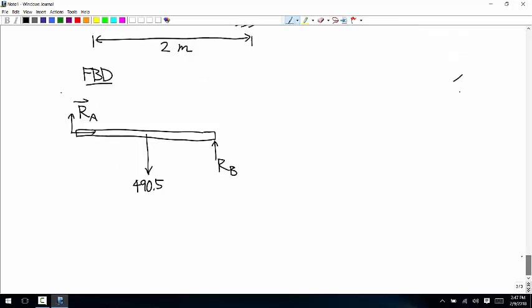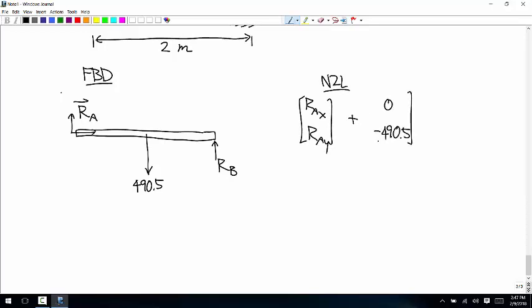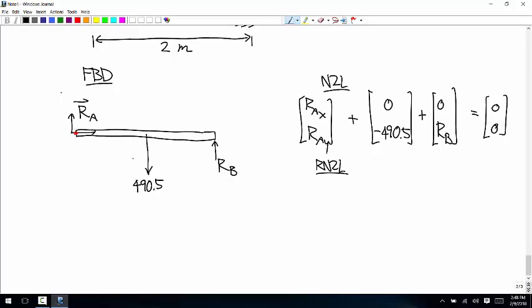Okay, so Newton's second law says RAX, RAY plus 0, negative 490.5 plus 0, RB is equal to zeros. And the moment equation, I'll use this as the about point. This is acting 1 meter away from the about point, and that would make a clockwise rotation.